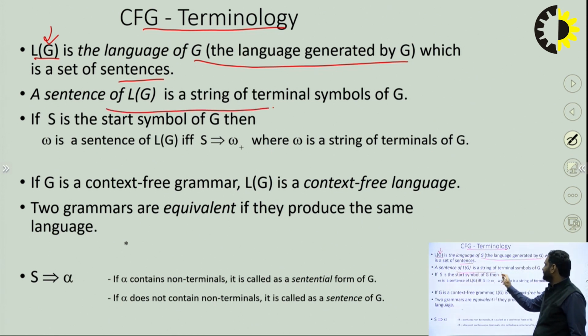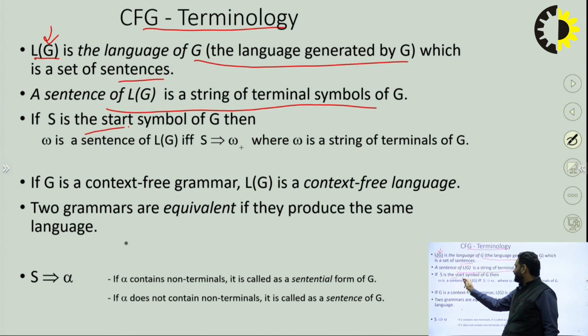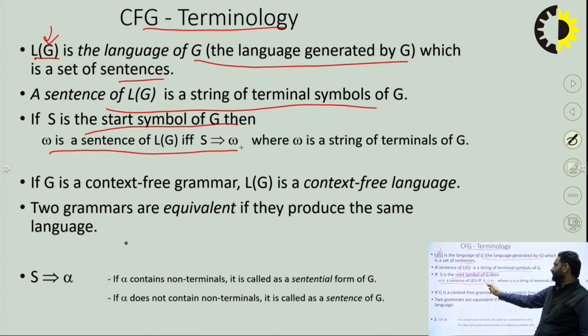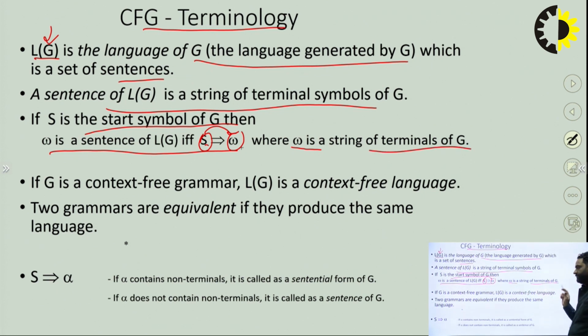A sentence is a string of terminal symbols, as I already told you. If S is the start symbol of G, then omega is a sentence of L(G) if S derives omega, where omega is a string of terminal symbols.